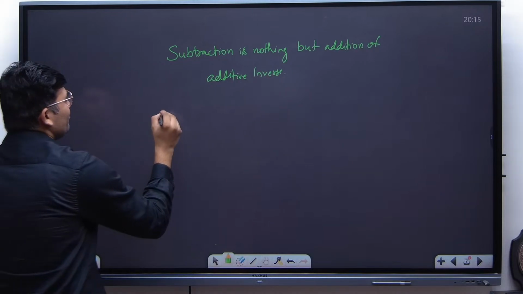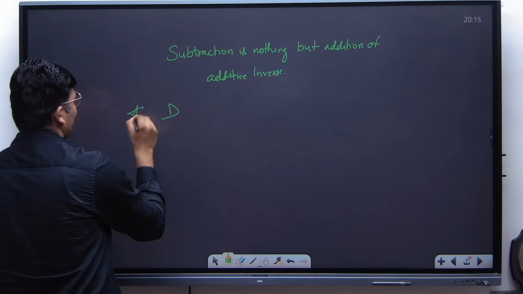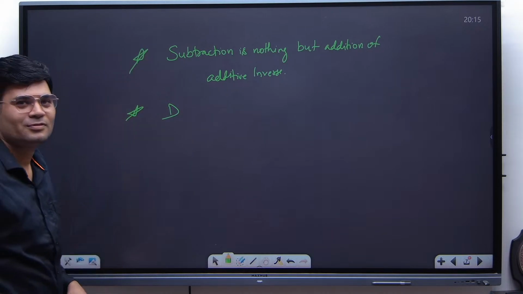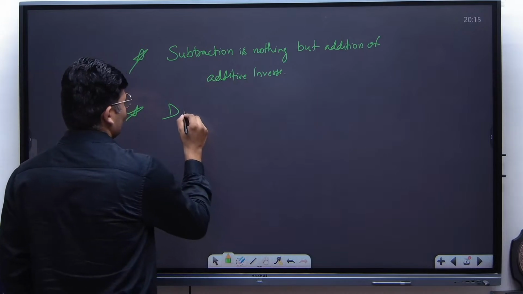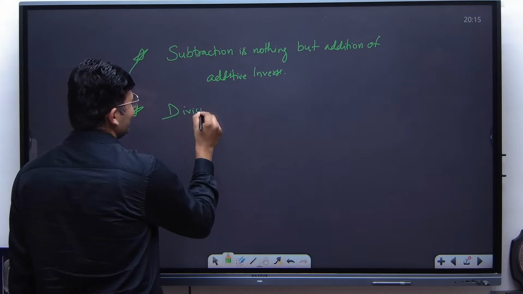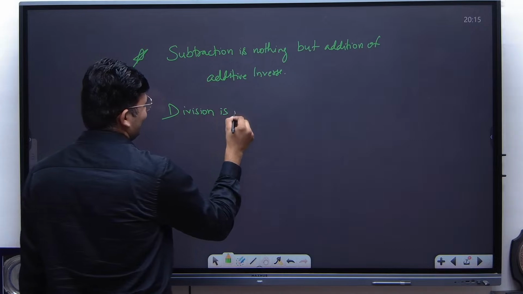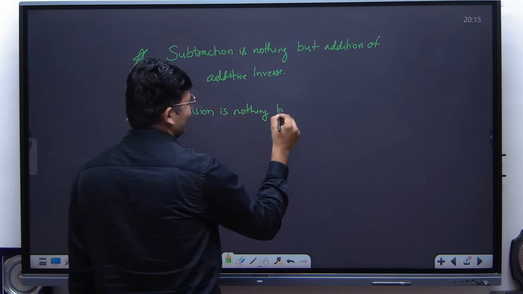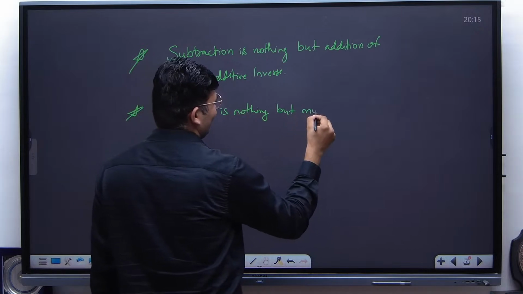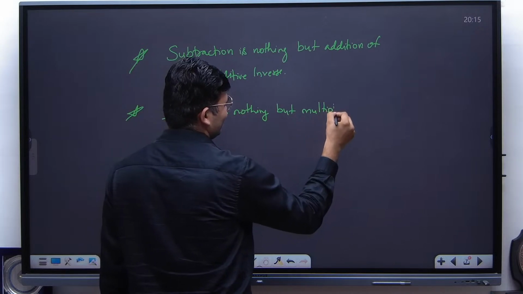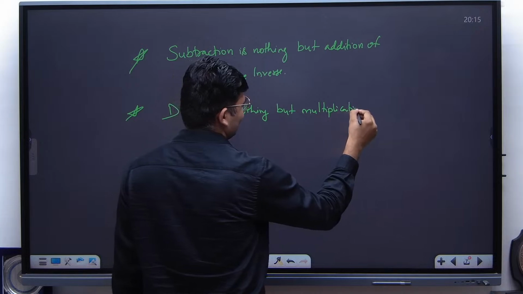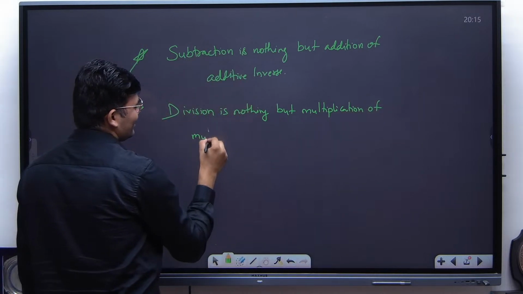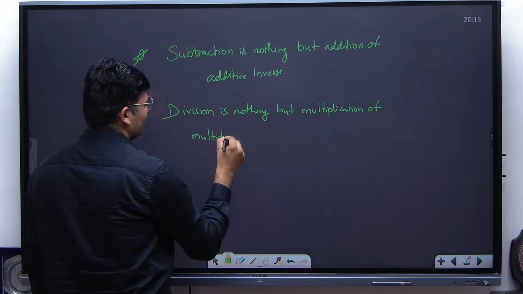And I am mentioning today, for the first time, it came to my mind just now: division is nothing but multiplication by the multiplicative inverse. See, this is how maths evolves.